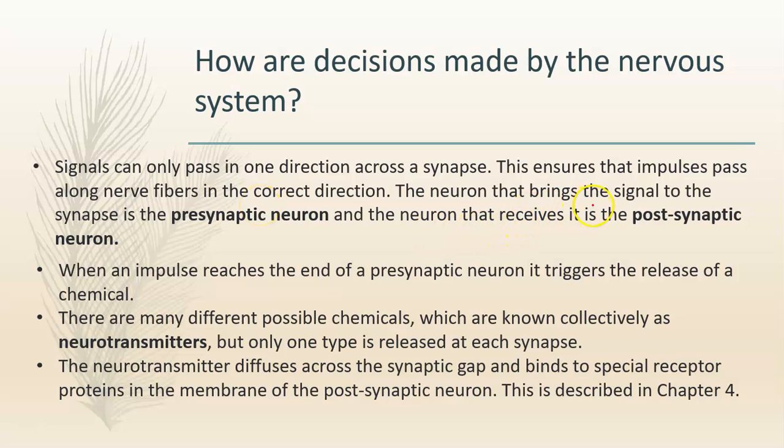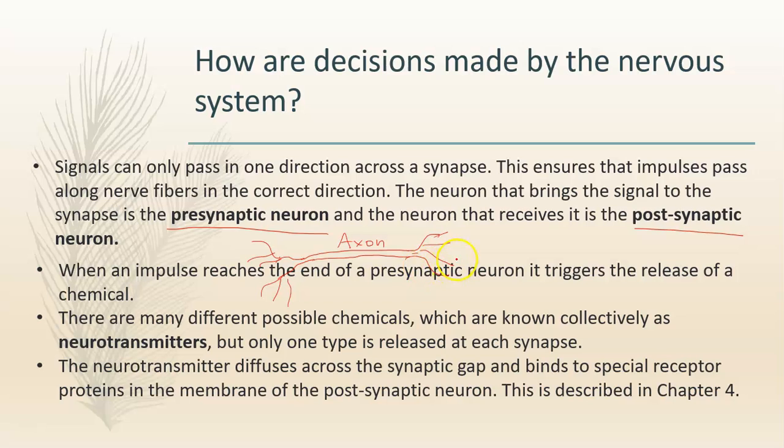The neuron that brings the signal to the synapse is the presynaptic neuron, and the neuron that receives it is a postsynaptic neuron. So there is a presynaptic neuron and a postsynaptic neuron. This is simply something like this. If we have the dendrites at one side, and we have this area which is called the axon, and the other side will be another type of dendrite.